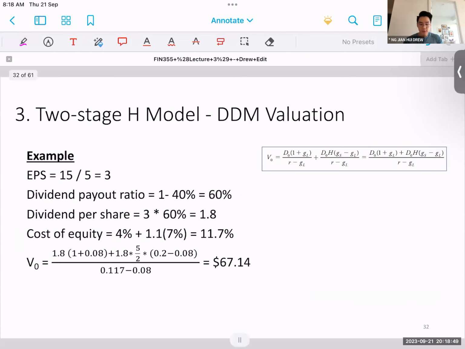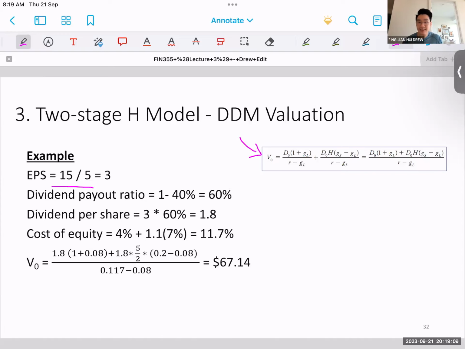All right, so now we know a general formulation for your H model, which is given by this. There's a small little recap here. And we can calculate your dividend payout. Okay, again, we do the same thing.